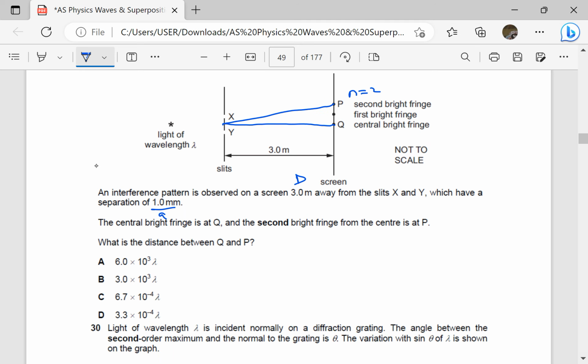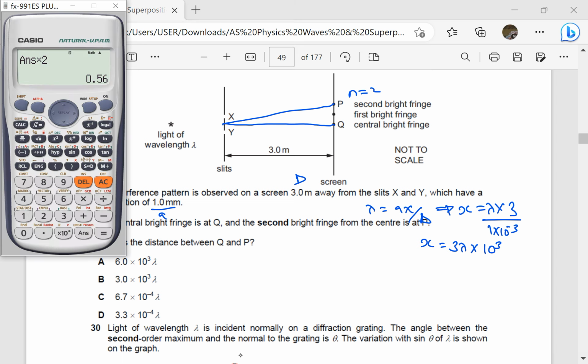So we shall simply say lambda is equal to ax divided by D, which implies that x is equal to lambda times D, which is 3, divided by a, which is 1 times 10 power negative 3. So x is going to be equal to 3 times lambda times 10 power 3.